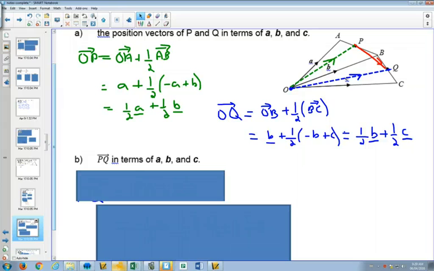Now that you have position vectors of P and Q, how am I going to get from P to Q?